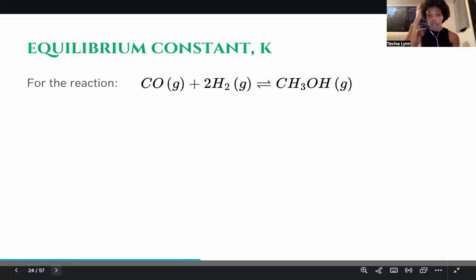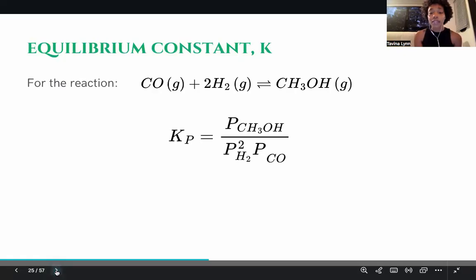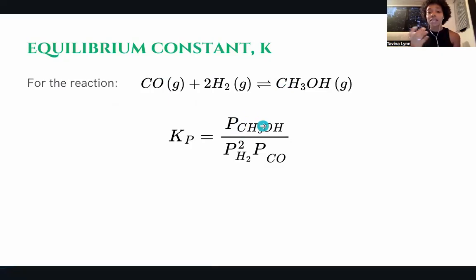Let's look at another example. In this case, we're going to write K sub P, the partial pressure expression for this reaction. And it's the same idea, but we just write it with a P. So P is for pressure, and we put the product or reactant as a subscript.